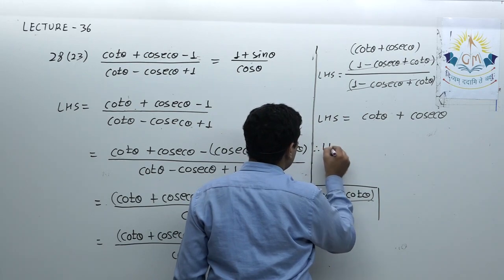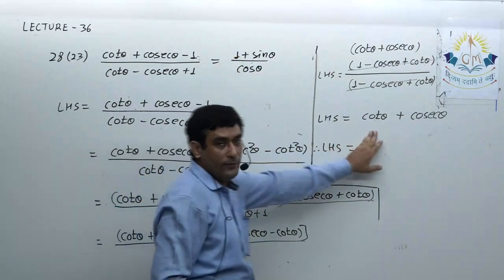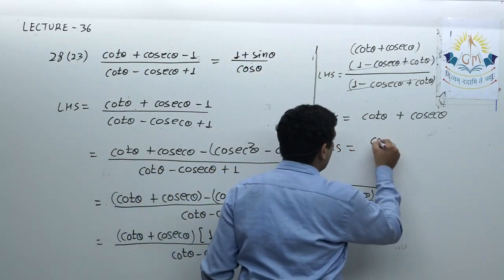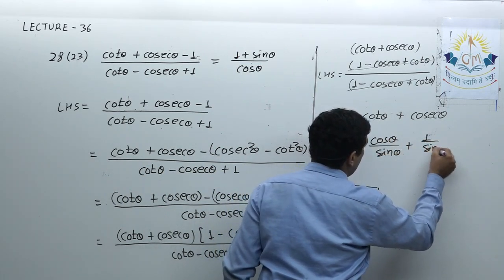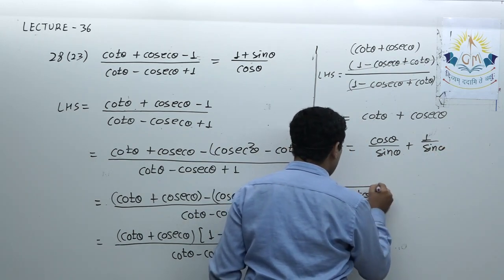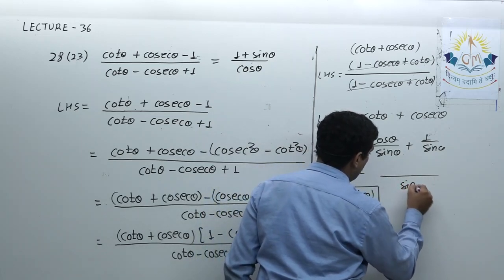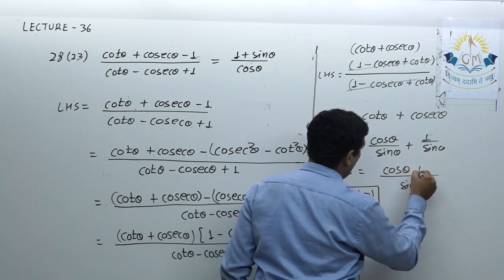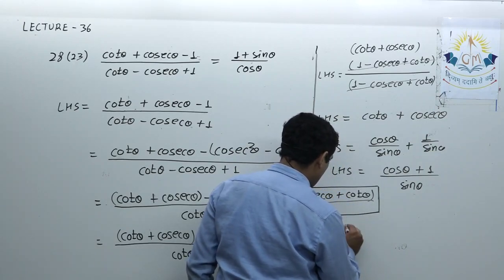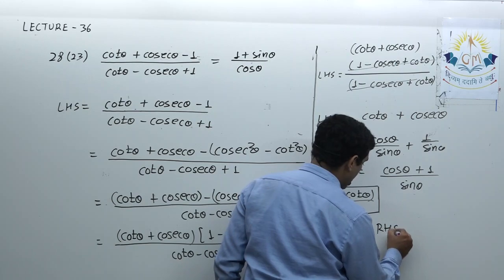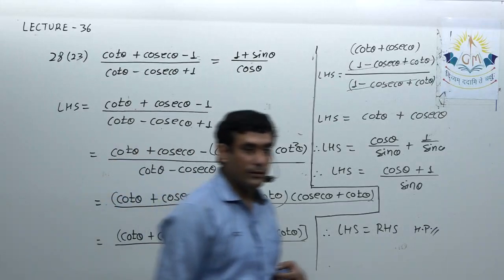Further, LHS can be written as, now see, what we need to prove is in terms of sine and cos, so here I will convert this in terms of sine and cos. This will become cos theta upon sine theta plus 1 upon sine theta. Now if I take the LCM, I will get my answer. Therefore LHS is equal to, taking the LCM as sine theta, (cos theta plus 1) upon sine theta. Therefore LHS is equal to RHS, hence proved. Please note it down, then we'll see the next question.